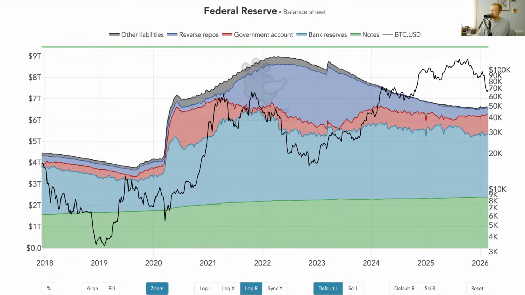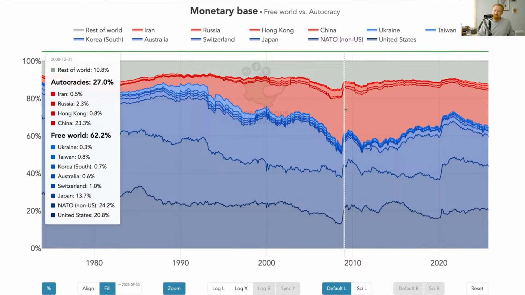Show you a couple charts on that. So we have global money, and you know I like to put it a little political, right?